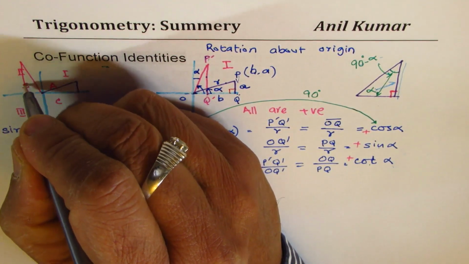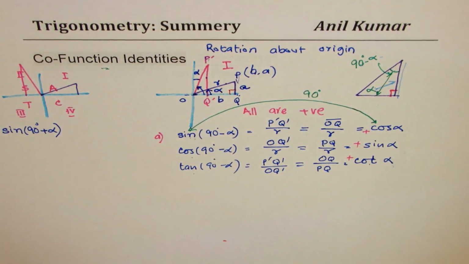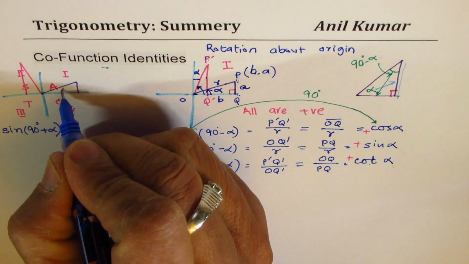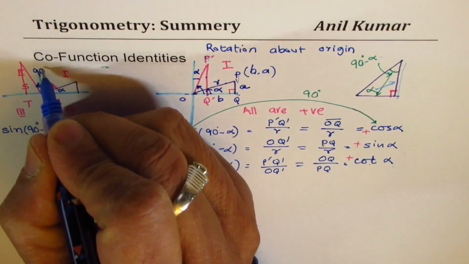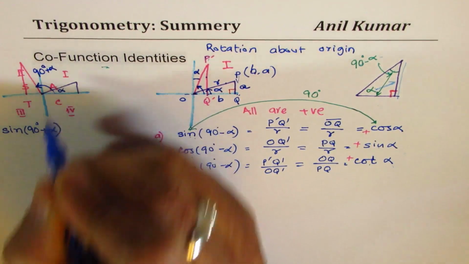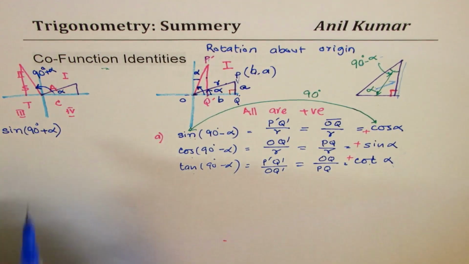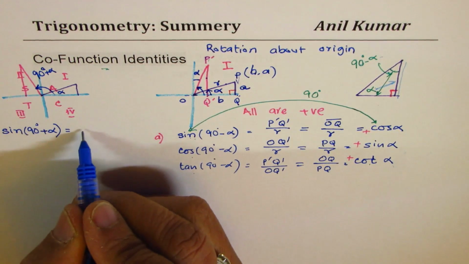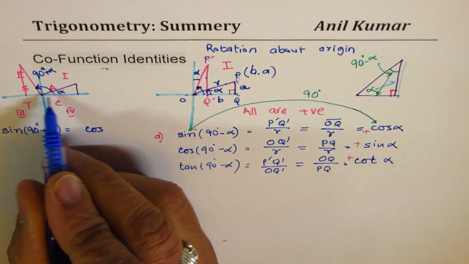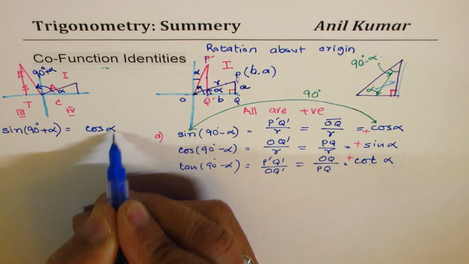The angle we are now talking about is not alpha, but related to alpha: it is 90 degrees plus alpha. Since my triangle has tilted, sine changes to cos, and the angle will be alpha.